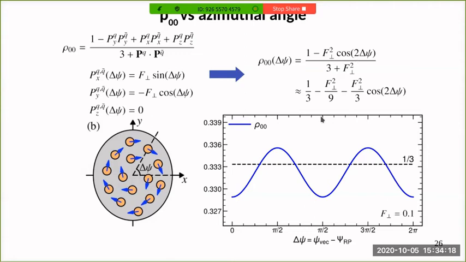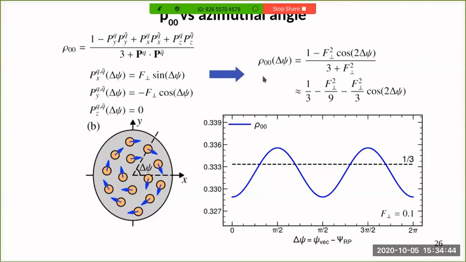We find that this kind of local polarization can lead to rho 0,0 deviating from 1/3, and also because the local polarization oscillates in delta psi, there is also harmonic oscillation in rho 0,0.